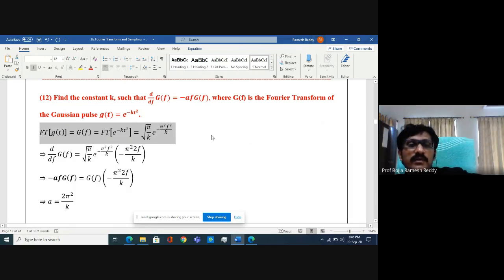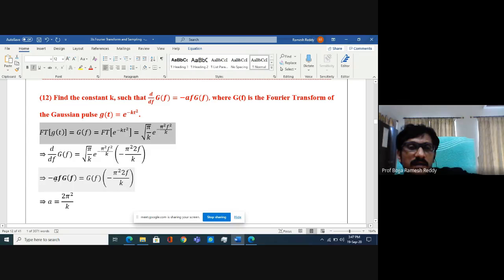Start with the basic formula. Differentiate G of f with respect to f. Root pi by k is constant. Differentiation of e power something is e power something only, into the differentiation of that power: minus pi square by k times f square gives 2f by k.